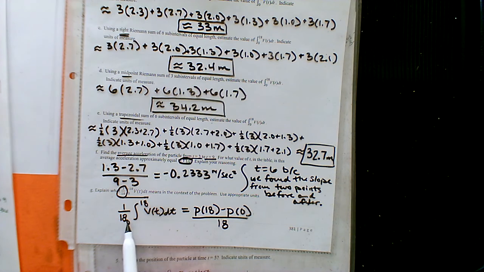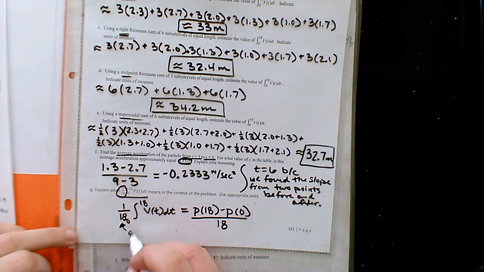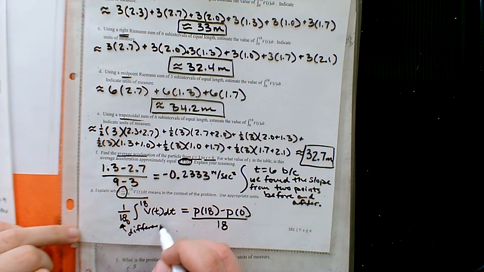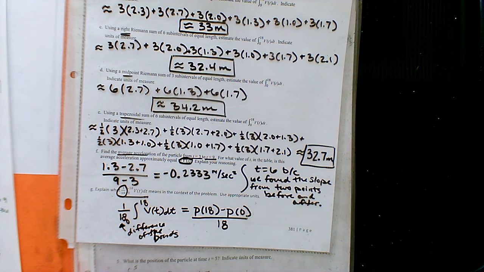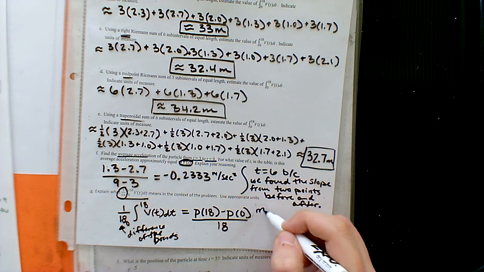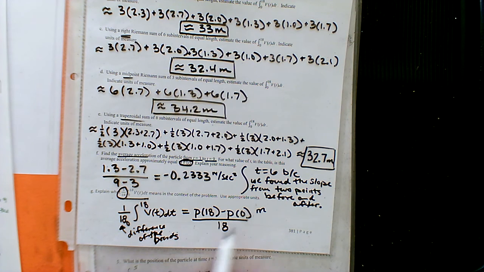Right. So notice how the bounds on the integral from 0 to 18 are represented by this 18 in the denominator. Okay, this is the difference of the bounds. Okay. So if you're taking a change in position, which we know is a unit of meters in this case, and you're dividing by 18, which represents a difference in the bounds.